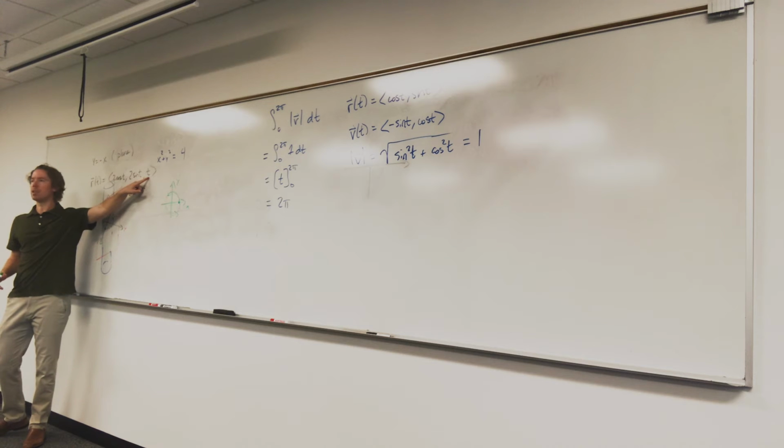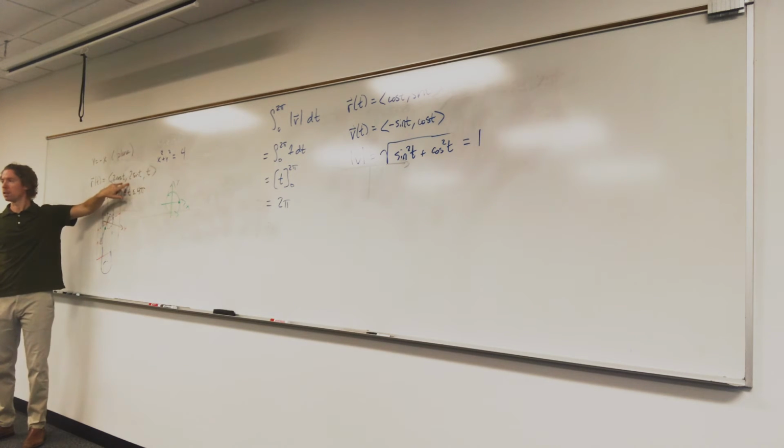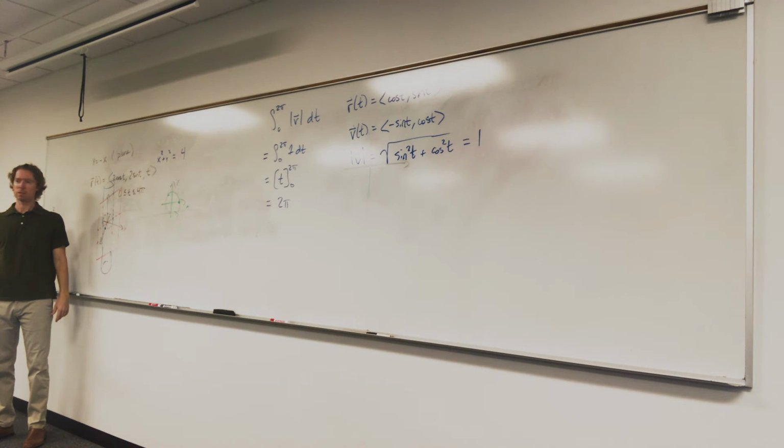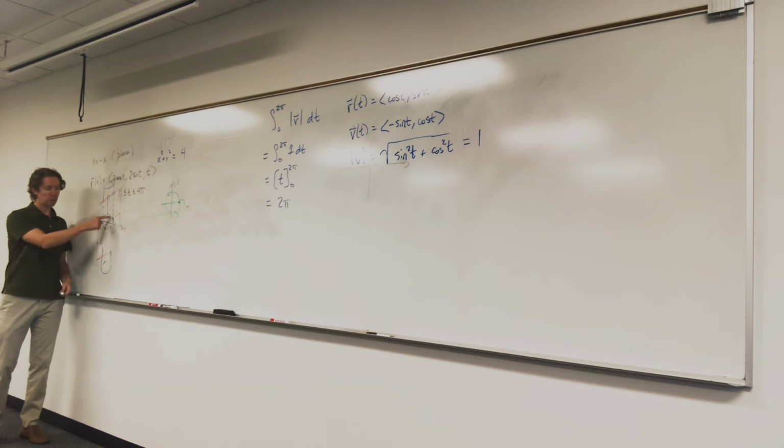If this said z equals 0 instead of z equals t, what would this curve look like? It would be a circle. Yeah, good. It would just be this blue circle in the xy plane, radius 2, centered at the origin. It would wrap around from the positive x-axis to the positive y-axis, and it would wrap around twice.